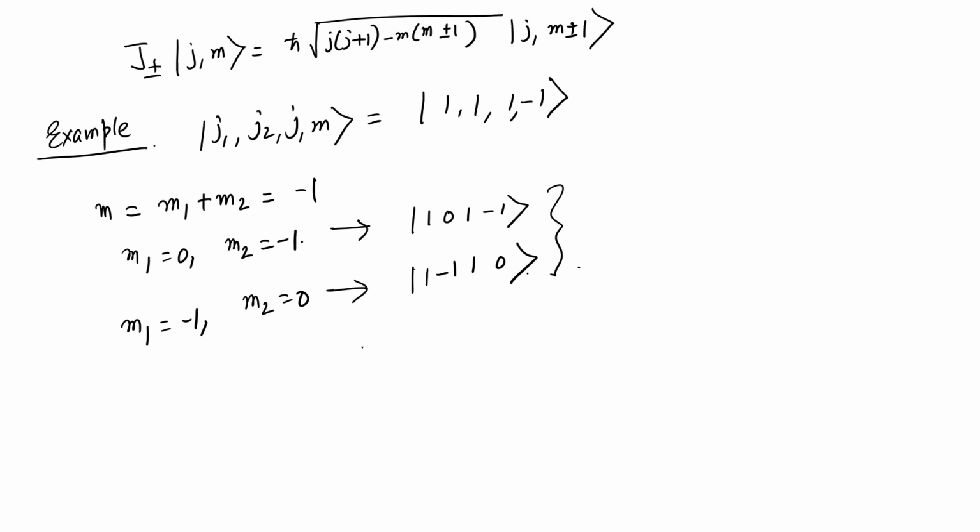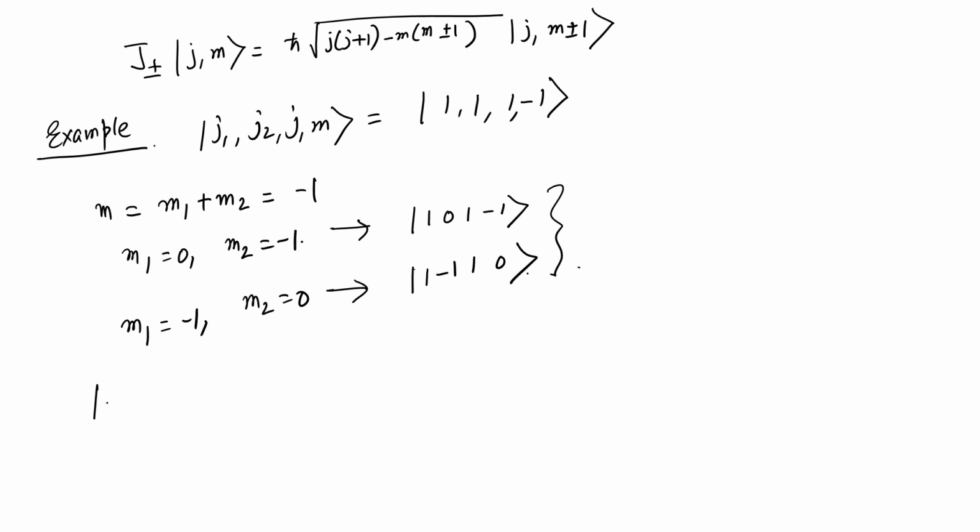So, we will have to take a linear combination of these to express this state for a fixed value of the total angular momentum quantum numbers j and m, and these will consist of two such terms. So, we have this state 1, 1, 1, minus 1, a little sloppy in writing these commas, but you can put them there.